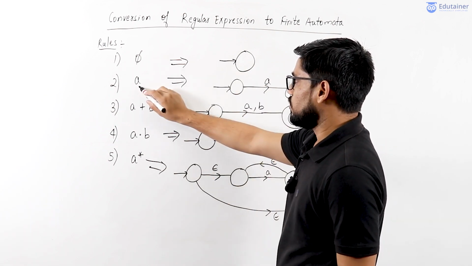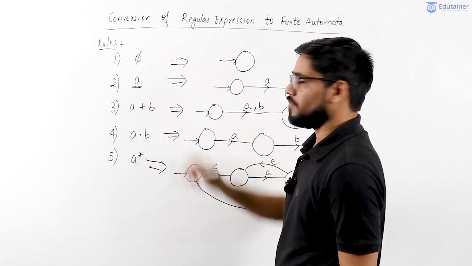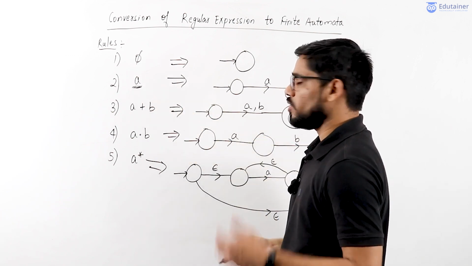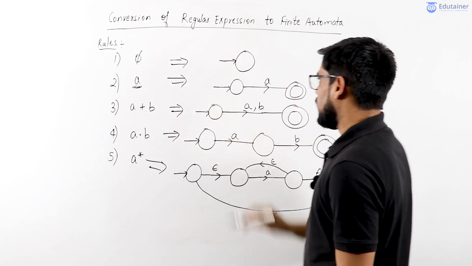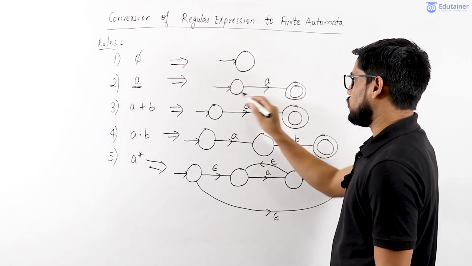The second one is, let's say input alphabet A, assuming that there are two input alphabets possible, A and B. If input alphabet A is present, then it will be represented by two states.